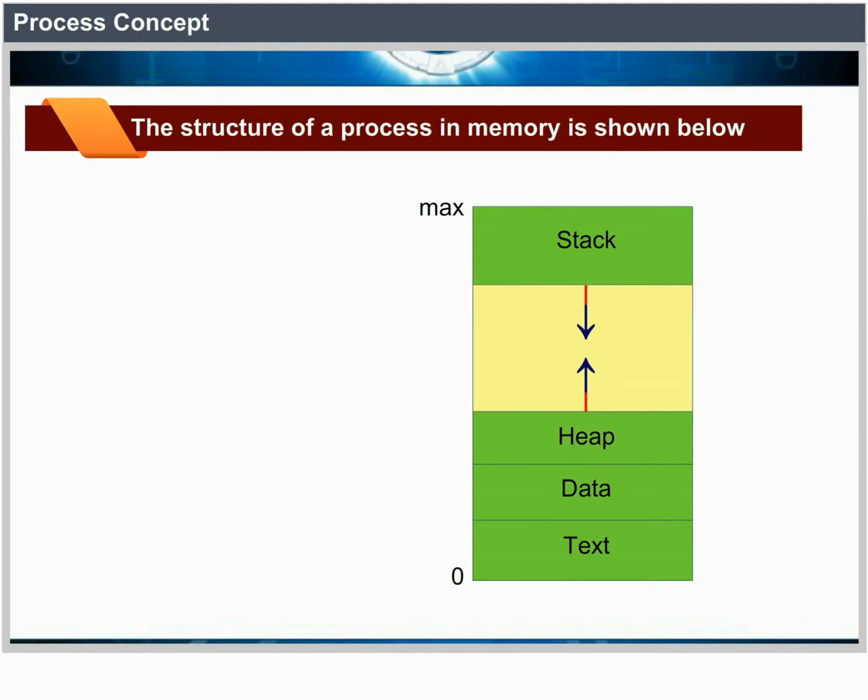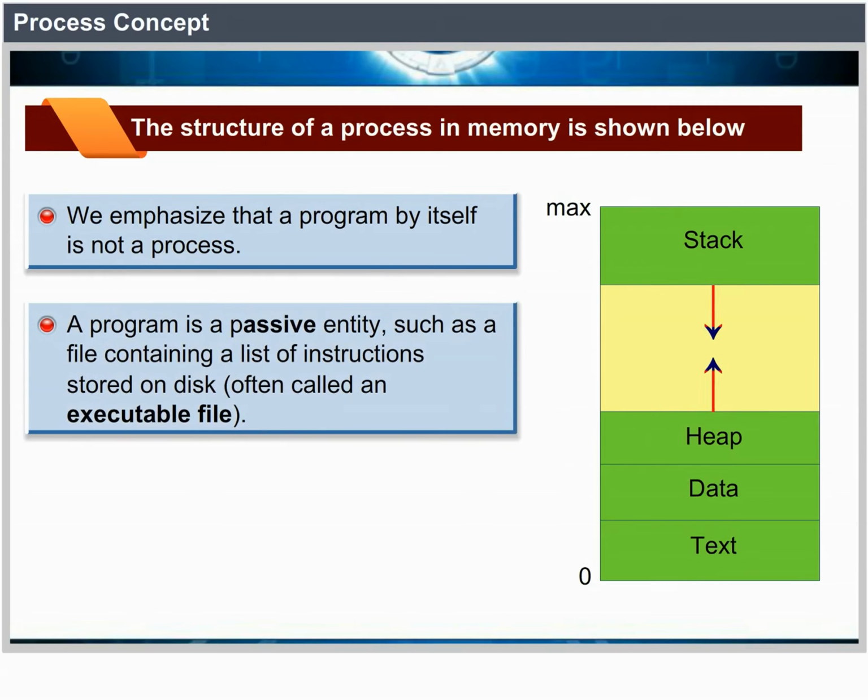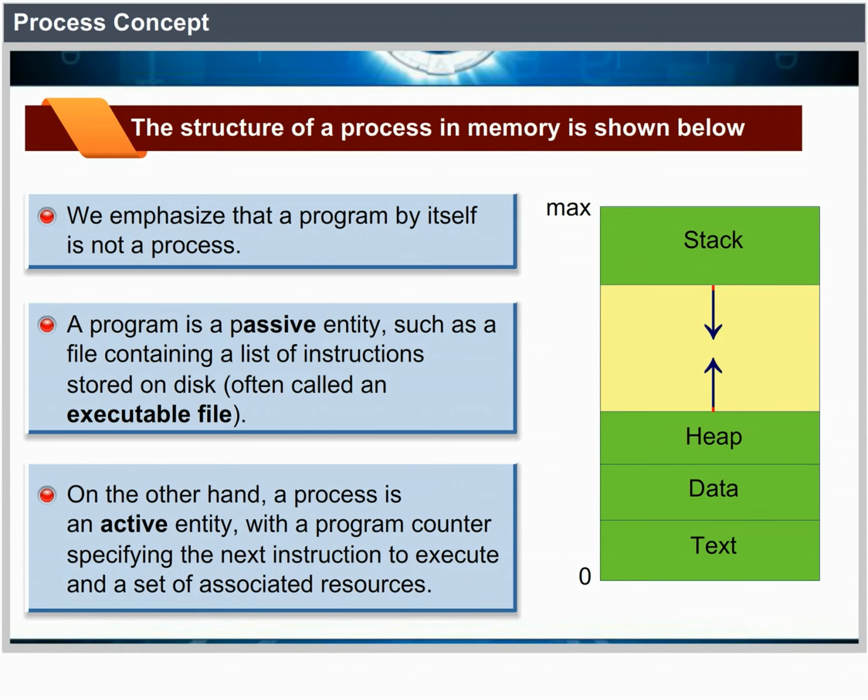We emphasize that a program by itself is not a process. A program is a passive entity, such as a file containing a list of instructions stored on disk, often called an executable file. In contrast, a process is an active entity with a program counter specifying the next instruction to execute and a set of associated resources.